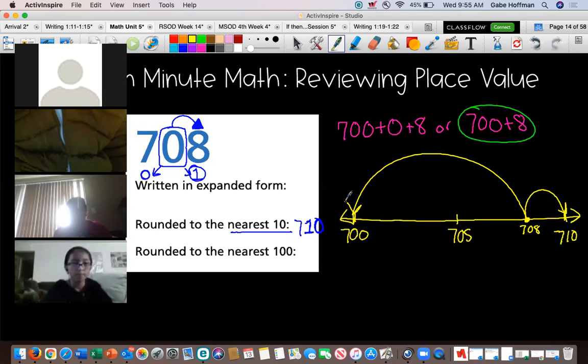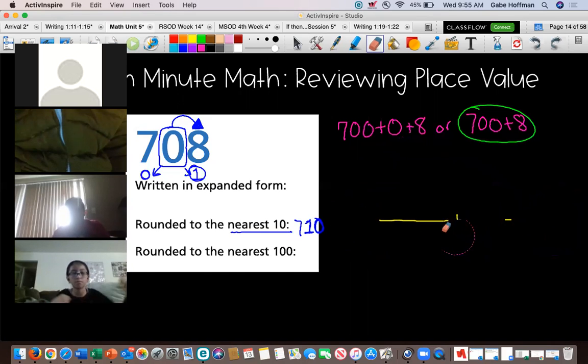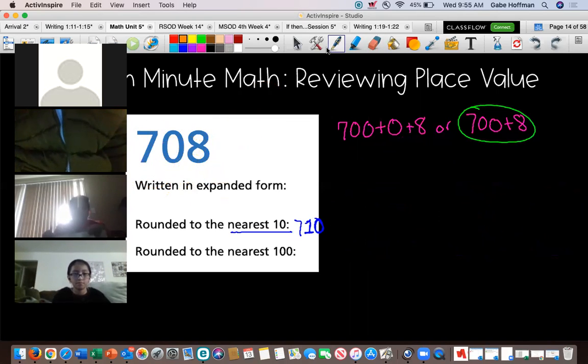Now let's look at the nearest 100. All right, nearest 100. So for the nearest 100, what digit am I going to look at, Alex J? Am I looking at rounding the 7, the 0, or the 8? The 7, right?